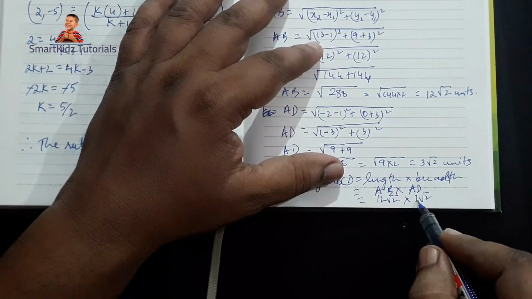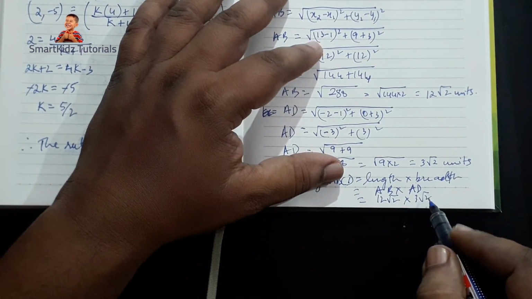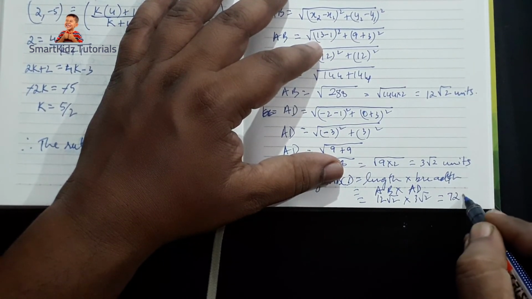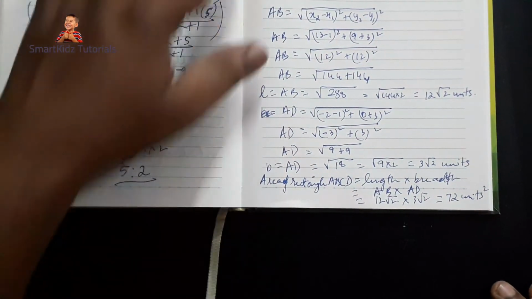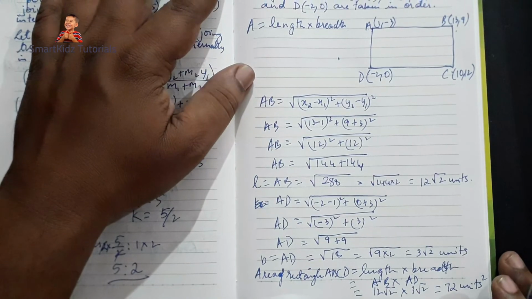So 12 into 3 is 36 and root 2 into root 2 is 2. So 36 into 2 gives us 72 square units. That is your answer. Got it? So this is as simple as that.